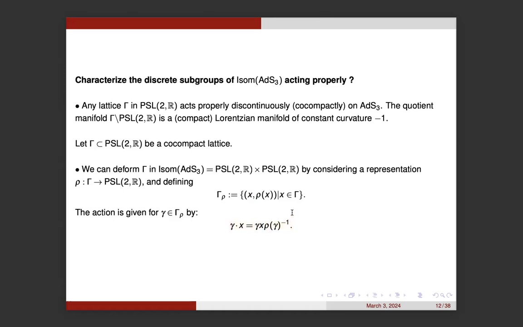And for the trivial representation, rho equals 0, gamma rho is exactly gamma. So if I deform gamma this way, we can ask for which representations rho this new group acts properly.